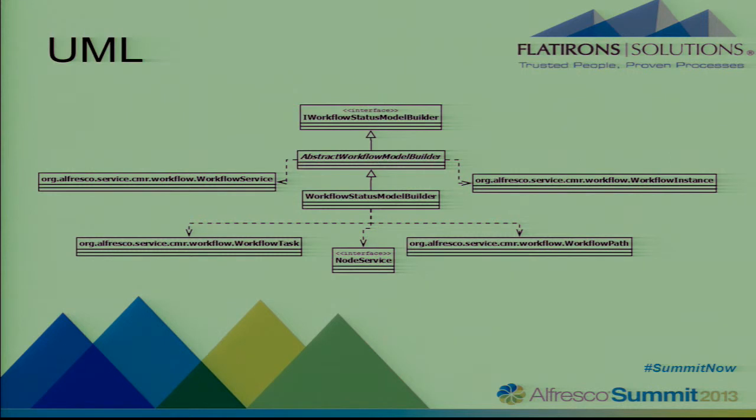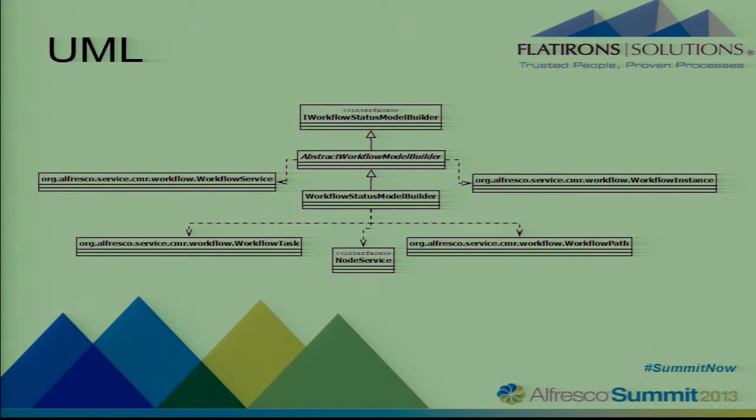All right, so a little bit about the model builder because that's really where the heavy lifting goes. Again, we have an abstract that handles a lot of the work. I'm not going to go into a ton of detail about any of that, but this handles a lot of the work of gathering the information using the workflow service, finding out about the individual workflow instances, what tasks are active, what paths are active, and so forth.